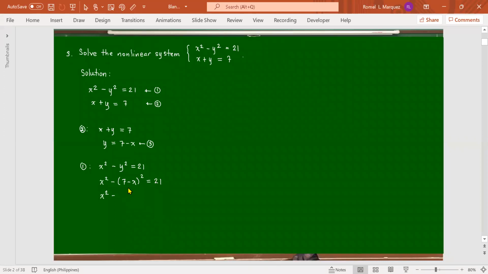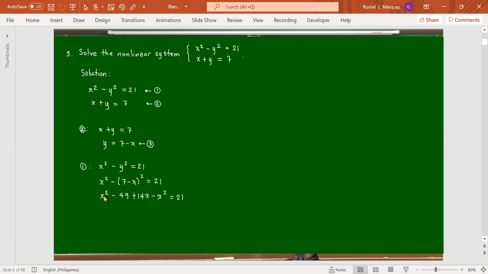Now, after squaring, we change the sign of every term. So minus 49. This gives us negative 14x for the middle term, but preceded by negative, so positive 14x. Positive x squared minus, therefore negative x squared equals 21.